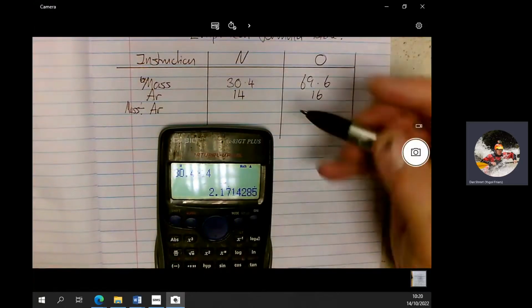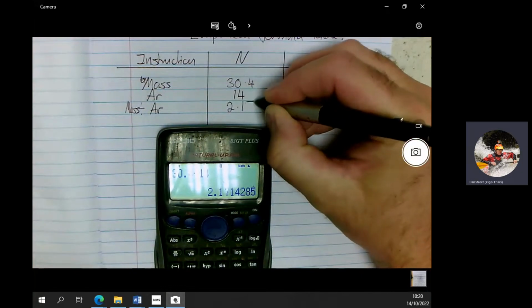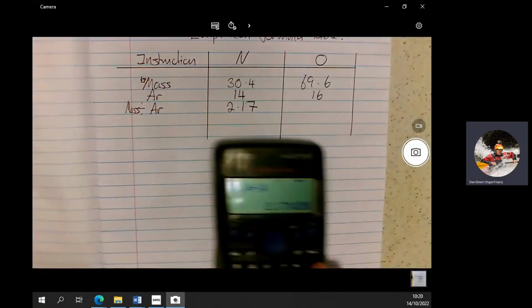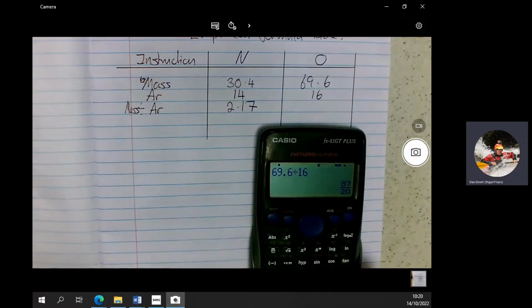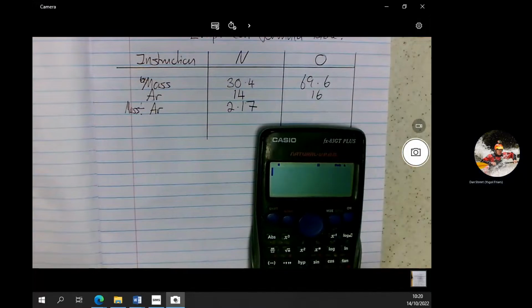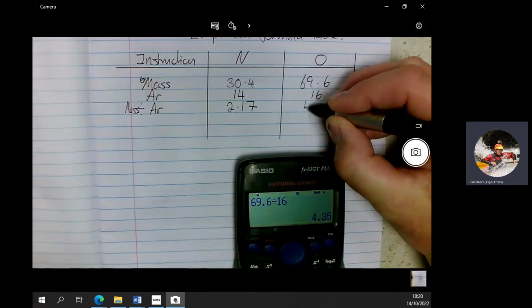So to 3 significant figures, that would be 2.17. And then we do the same with the oxygen. Okay, so we do 69.6 divided by 16, and that gives us 4.35.